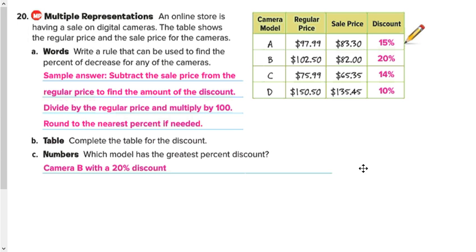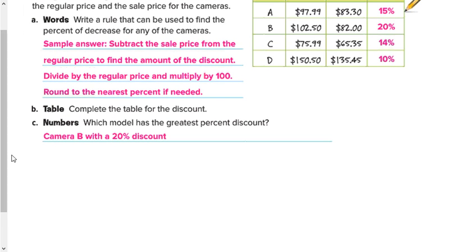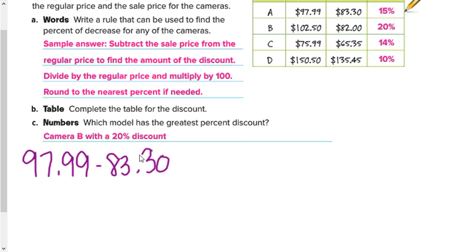So I'm going to do these examples with you. So for example A, we're going to make sure we subtract 97.99 minus 83.30. Okay, and that equals 14.69. That's your discount.